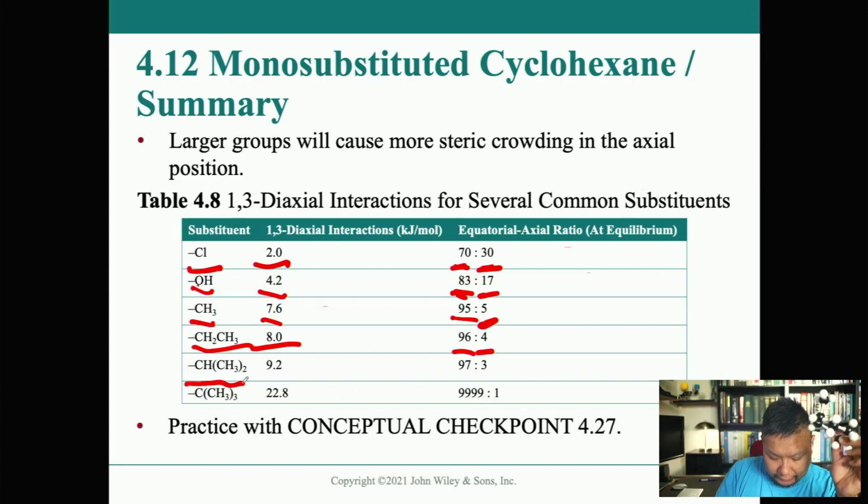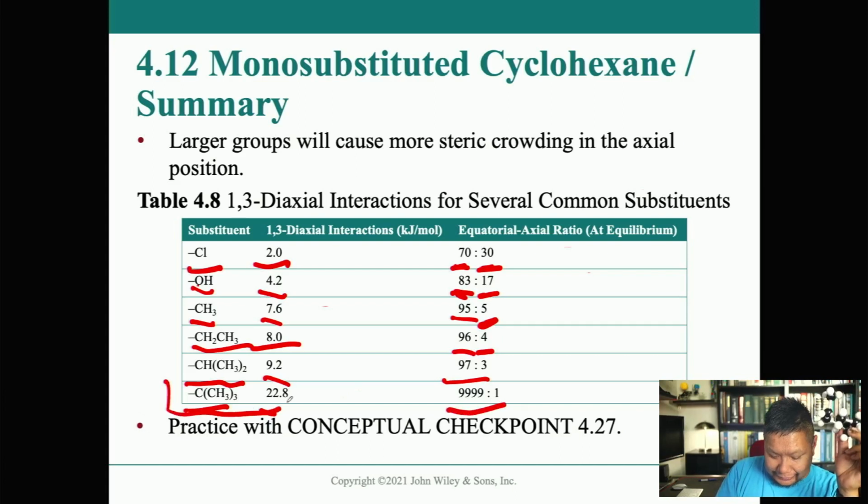Then we have, I guess that would be an isopropyl group, 9.2 kilojoules per mole, and 97 to 3. Now this is the interesting one here. We have a tert-butyl group right there, 22.8 kilojoules per mole, and the ratio there is 9,999 to 1.